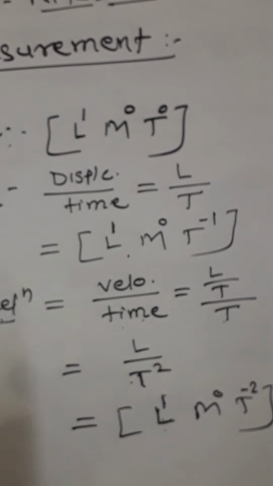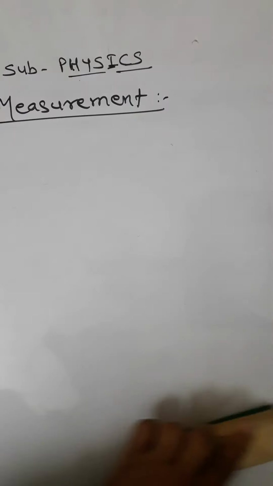Okay, now we have to take here the next dimension, that is the force, and this is the very important one, the dimension of the force, which is used in all the other terms. We have to find out the dimension of this force first.